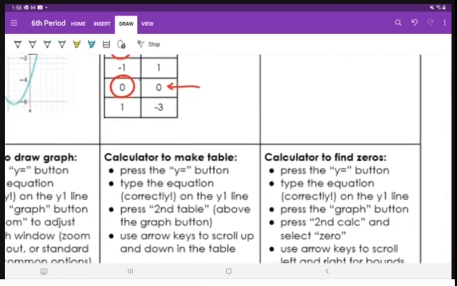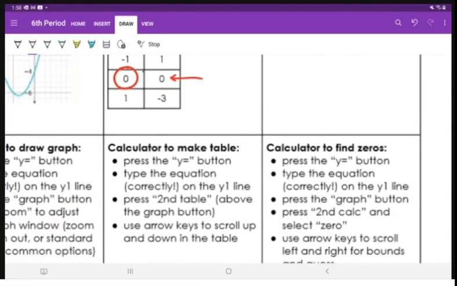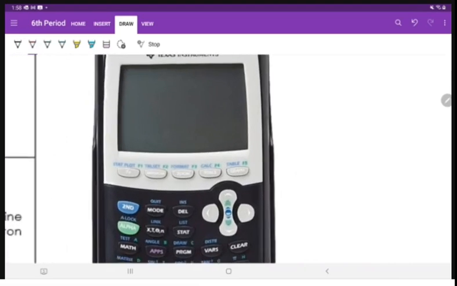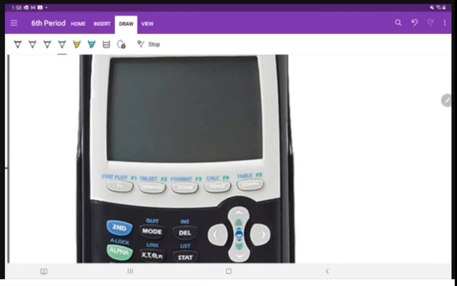So now we're going to talk about the second thing these calculators can do. Click y equals, top left button. If you have a function written in your y equals window, then you can do this.